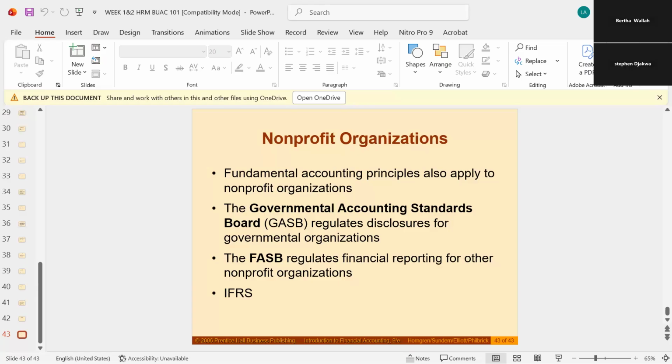Their main objective is not to make profit, but to achieve a specific target, maybe social intervention. And so they receive income, but their main objective is not to make profit.